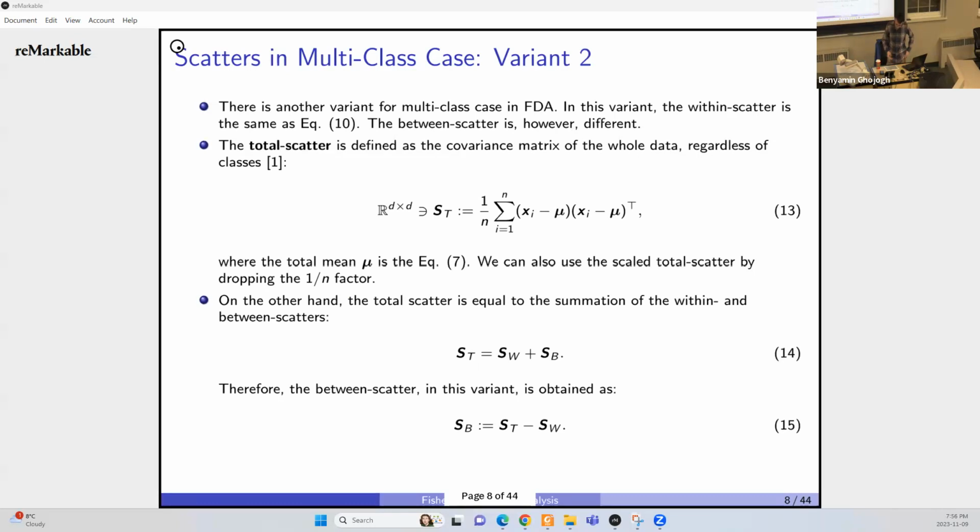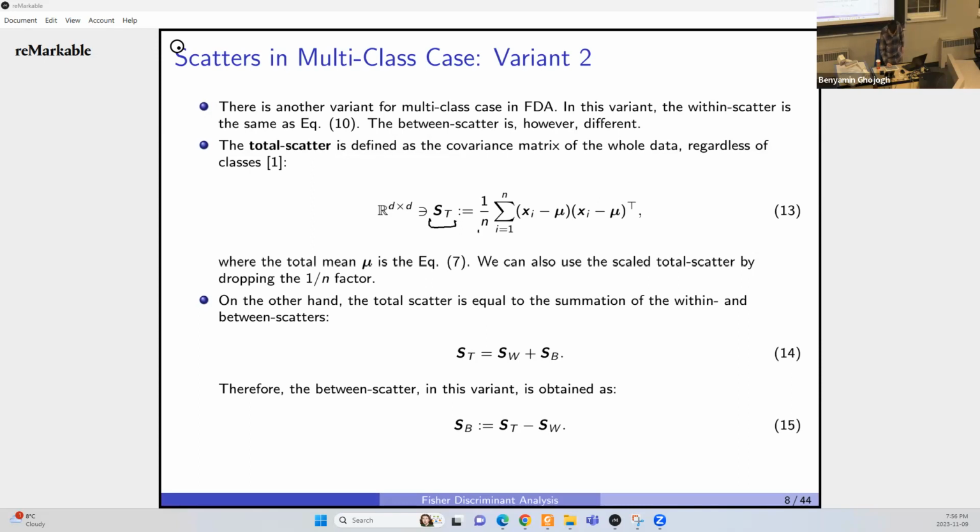By the way, there is another variant that you can see in the literature. What is the total scatter? So ignore the class labels. You have some data points. Do you agree that I have a covariance matrix of the whole data, ignoring the class? I call it ST. T stands for total.